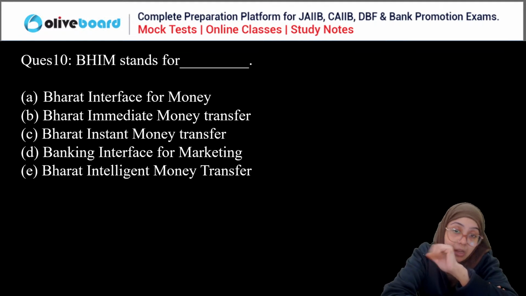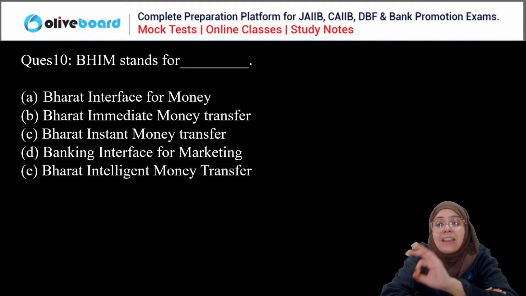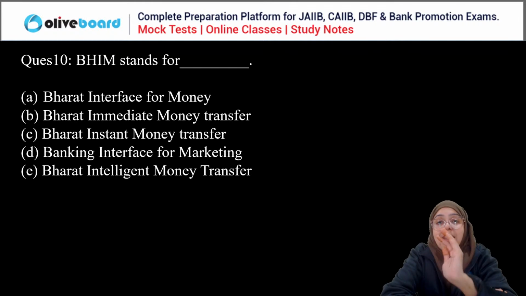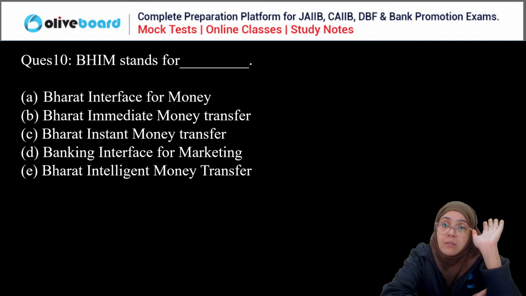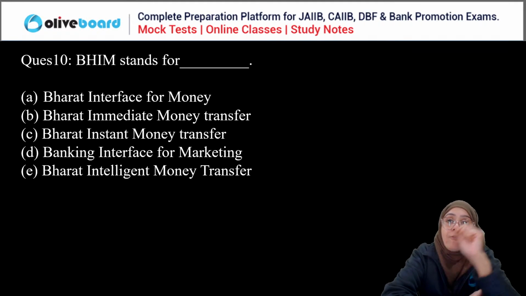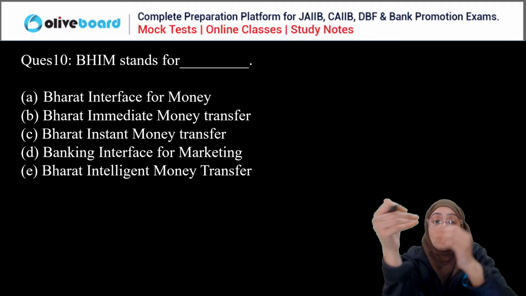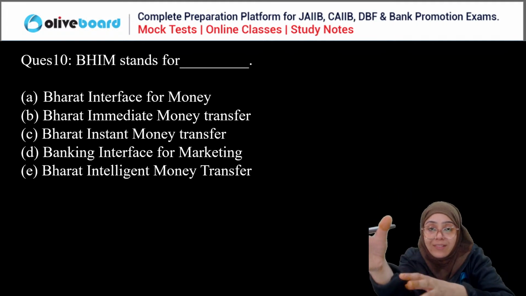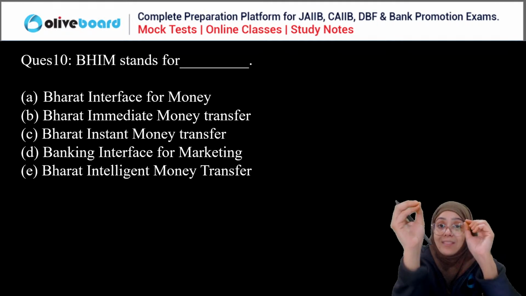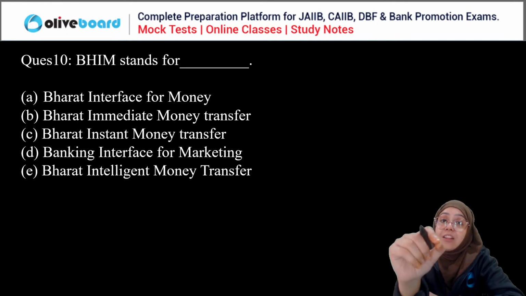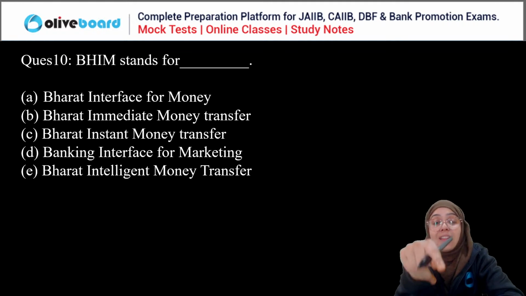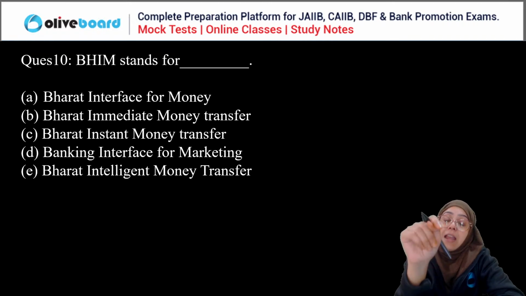Yes, BHIM is Bharat Interface for Money. True. It is an application that is making the payment easier, simple, and quicker, right? Now, when you have attached any bank account to this BHIM application, obviously the maximum amount allowed per transaction is 1 lakh, plus per day the maximum value is 1 lakh, right?